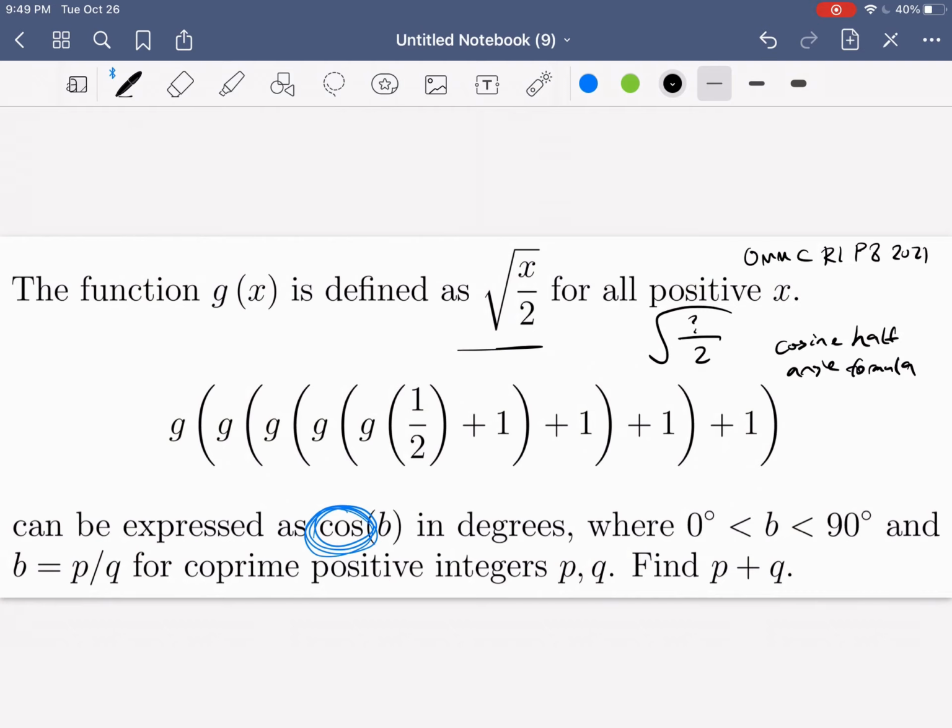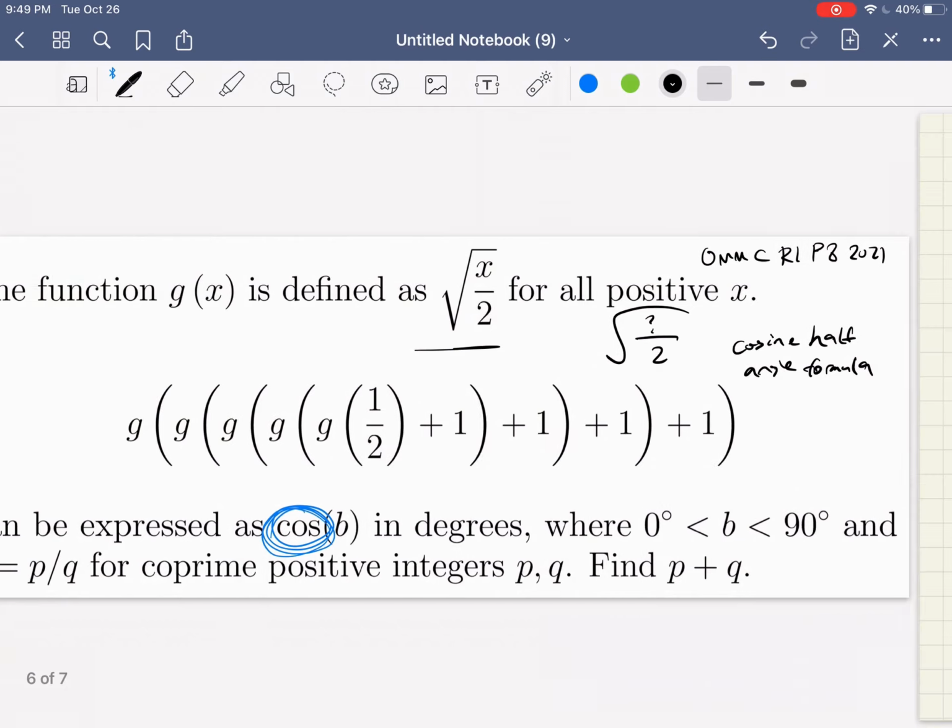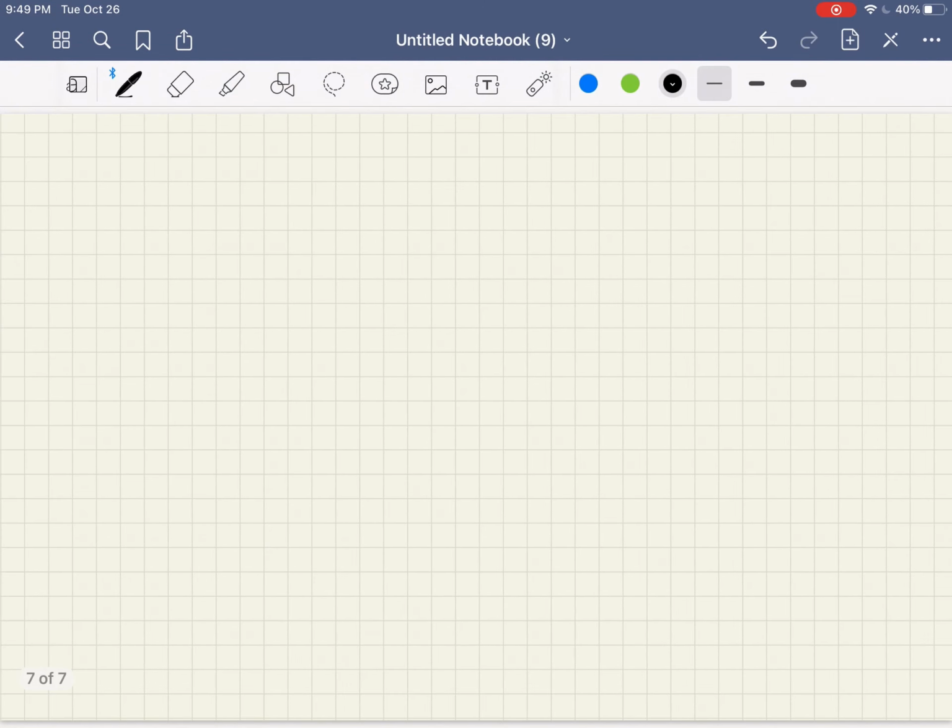So what is the cosine half angle formula? You can look up more of the specifics here, but what we need to know about it in this problem is that for any acute angle A, cosine of A over 2 is equal to the square root of the cosine of A plus 1 over 2.